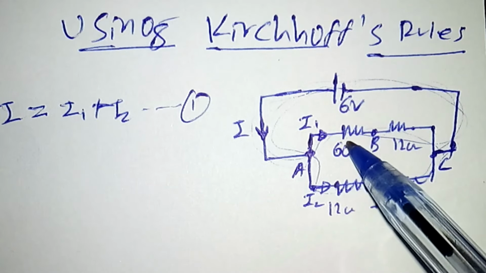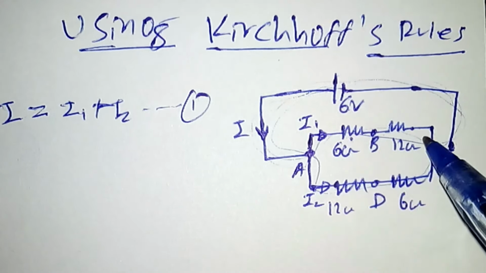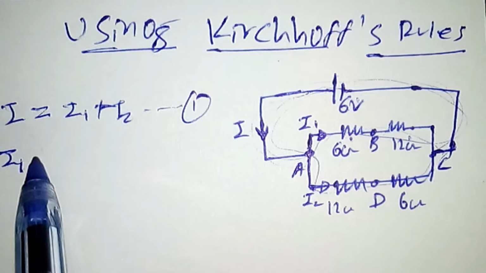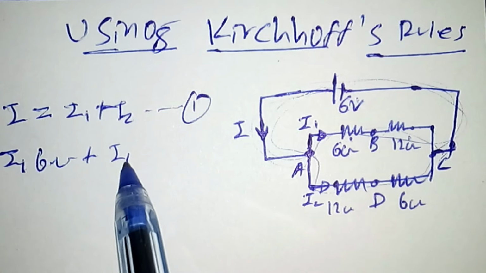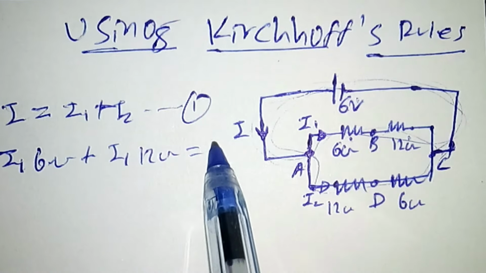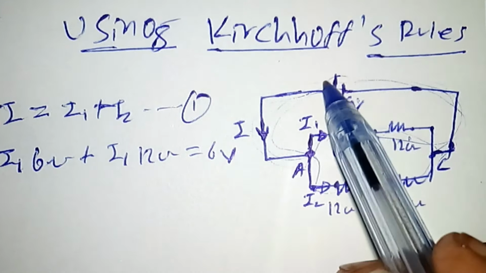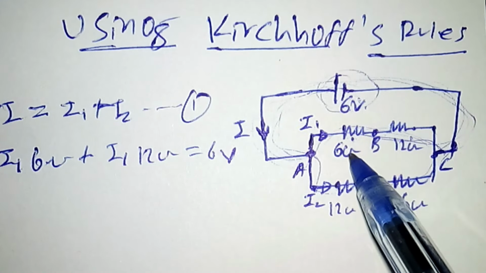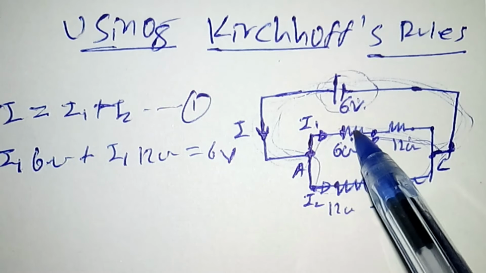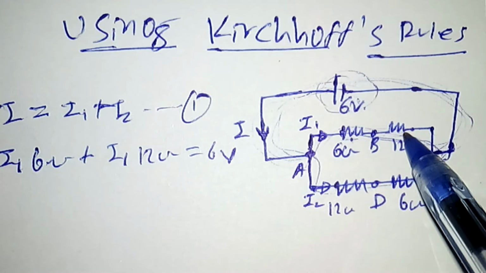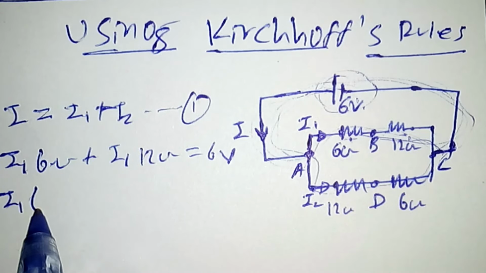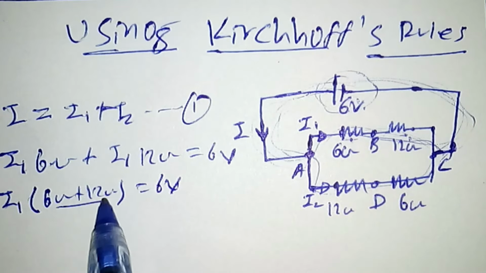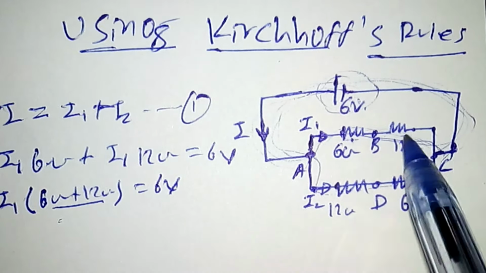That means the potential drops across the 6 ohm and 12 ohm resistors added give the 6 volts. So I1 times 6 ohm plus I1 times 12 ohm equals 6 volts. This is the source EMF in this loop, and we have 2 resistances across which the potential drops. Taking I1 common, I1 times (6 ohm plus 12 ohm) equals 6 volts. This becomes 18 ohm, since the resistors are in series.